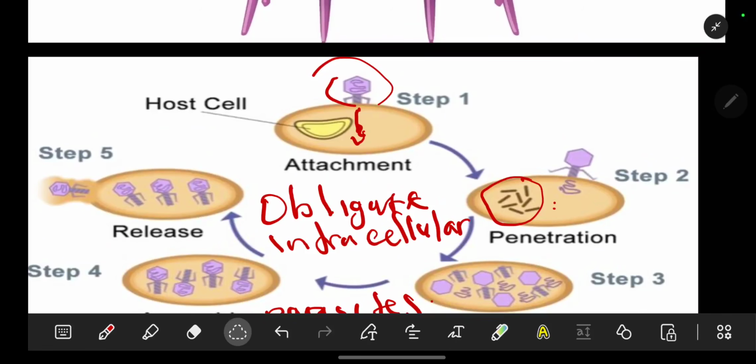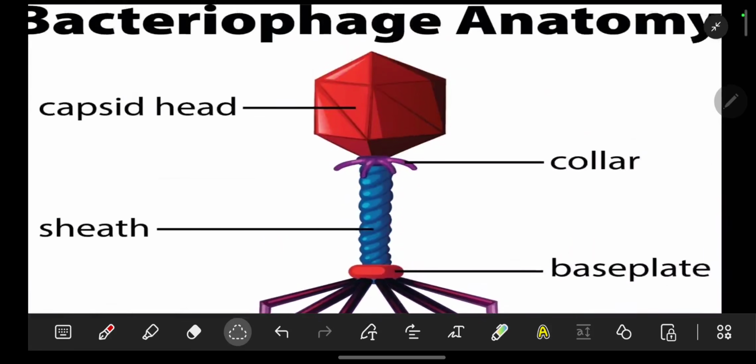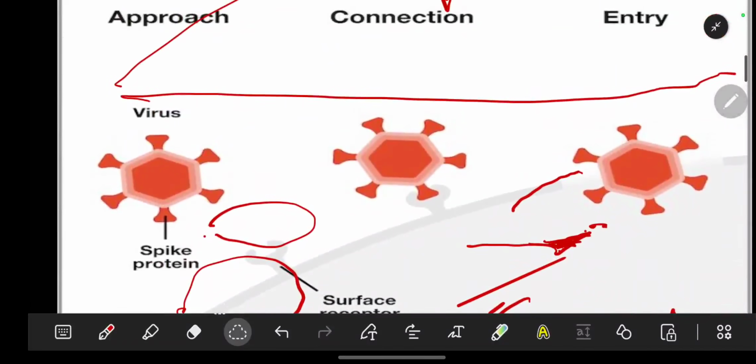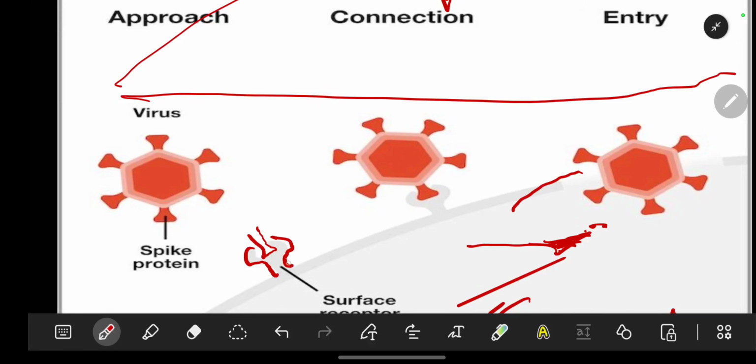The other important thing about viruses is that they are host specific, meaning they have specific hosts which they attach to. As you can see here, this virus has a spike like this, which is able to attach at this point. A virus that looks like this cannot attach to this cell.